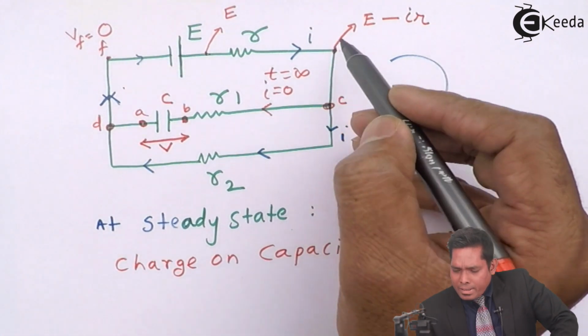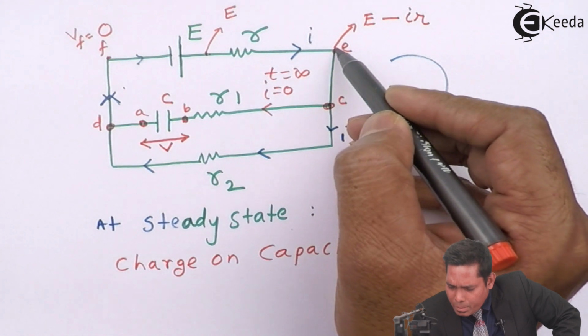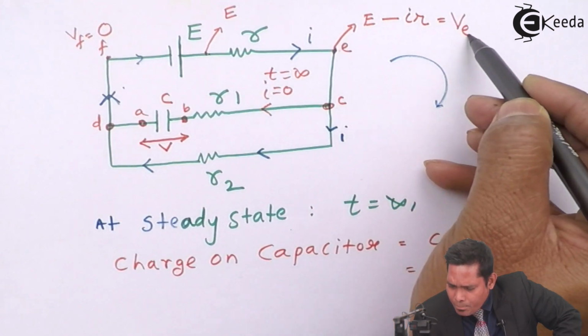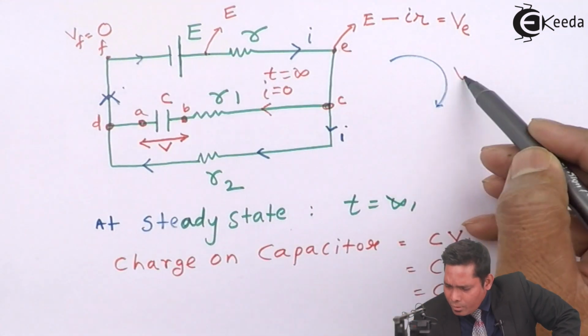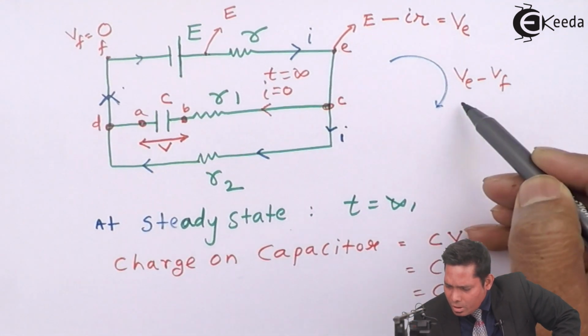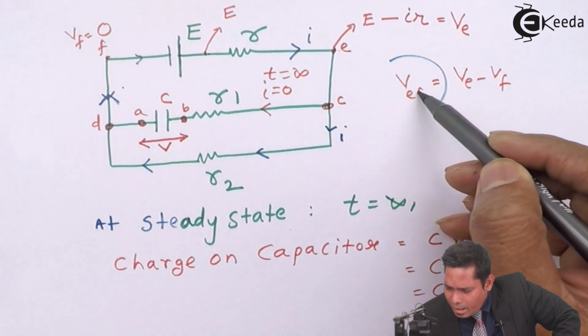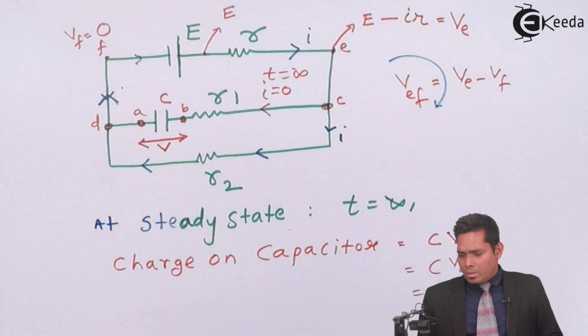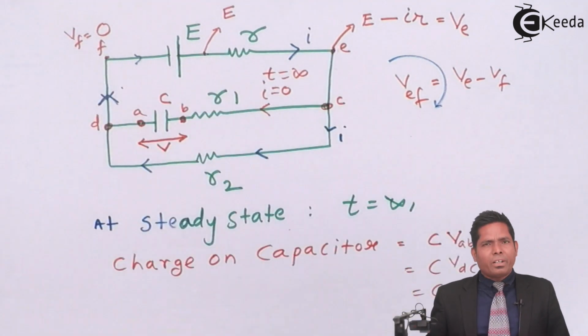So the potential difference between these 2 points, V_E minus V_F, is the potential difference EF. This is what the potential difference is.